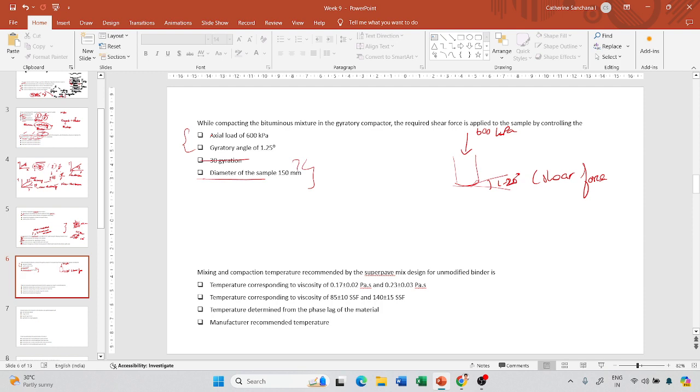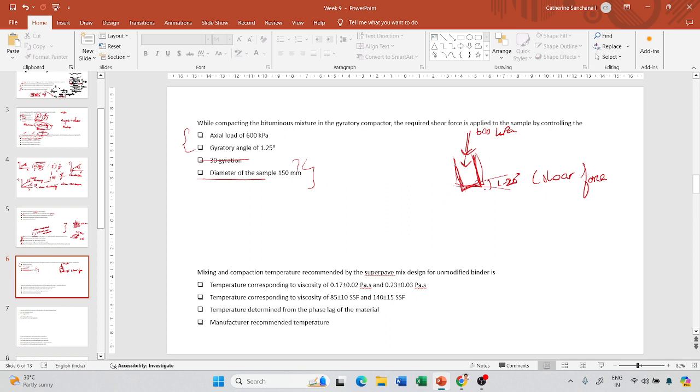Though the gyratory angle also does not seem to have anything to do with shear force, how will it provide the shear forces? You have an axial load and you are applying the axial load to a sample which is at an angle, right? So when you do that, some portion will be subjected to axial load, and so if you resolve the forces you will get shear forces also.